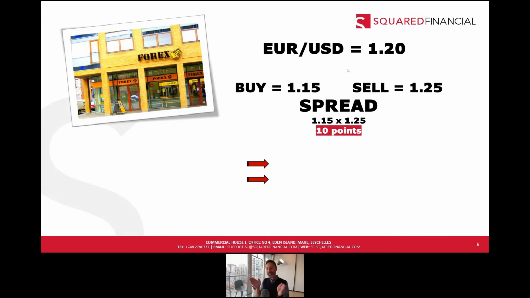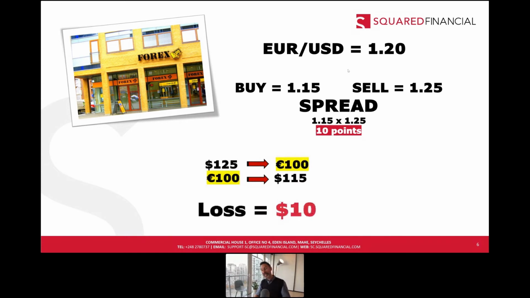So that spread of 10 points is the commission, if you want, that these exchange offices make. In other words, if you want to buy 100 euros, you need $125 and not 120. So the $5 extra is the commission that the exchange office is taking.